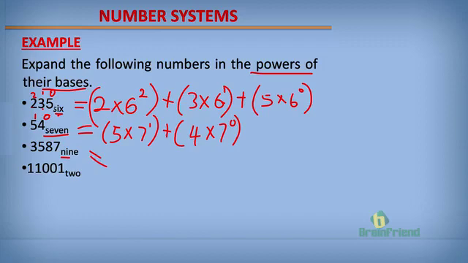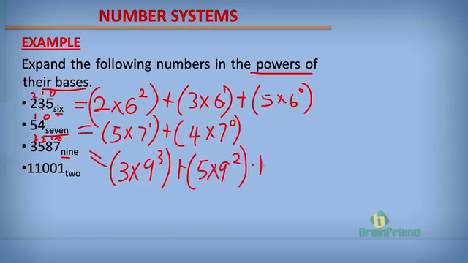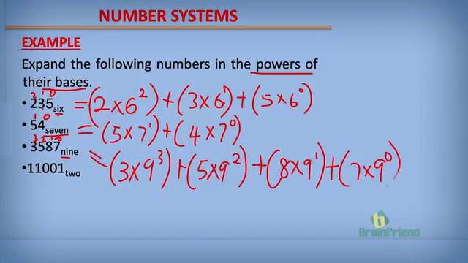This is equal to, we can denote this 1, 2, and 3. 3 times 9 raised to the power 3 plus 5 times 9 raised to the power 2 plus 8 times 9 raised to the power 1 plus 7 times 9 raised to the power of 0.